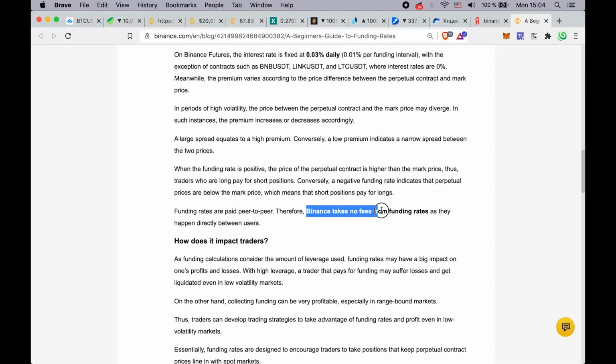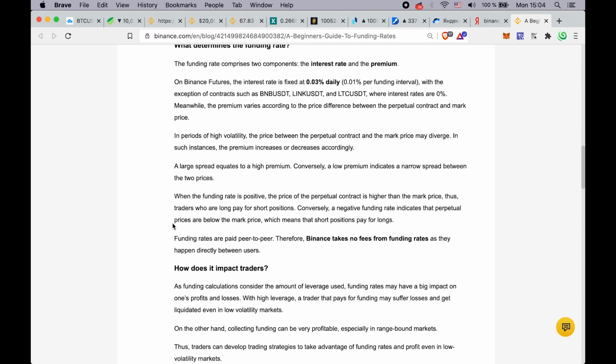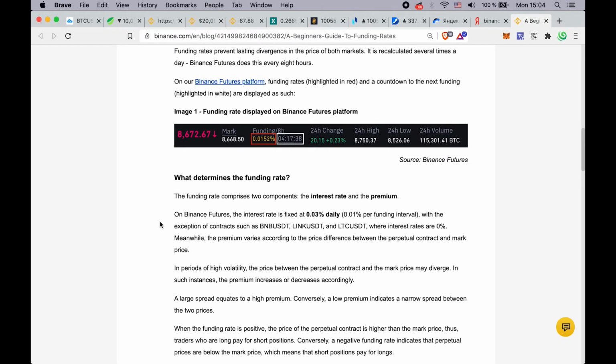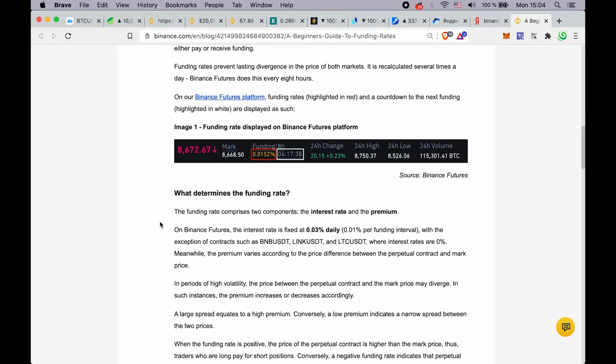What does it mean? Some people play long and some people play short. If there are more longers, for example, that means they take liquidity from shorters. So longers will pay funding to shorters, and that means the funding is positive.